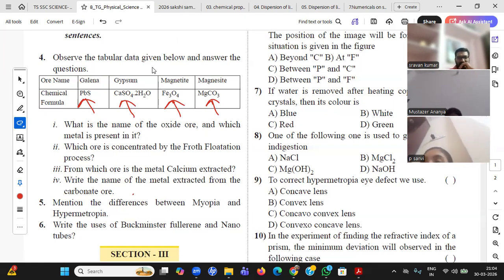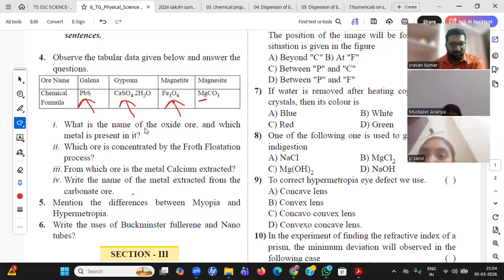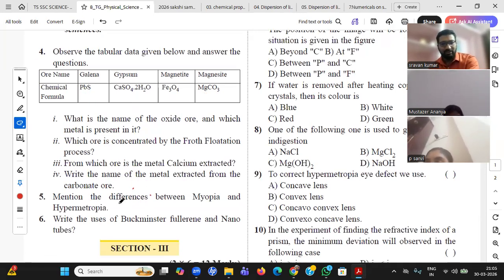Yes, right answer, Ananya. Come on, Sanvi. Which metal are you able to see? If you remove this carbonate, what is the metal left, beta? Okay, so it's nothing but magnesium, beta. Magnesium. Okay, yeah. Okay, magnesium. You need to write magnesium. So when you are writing, you should not write Mg. You should write magnesium. He is asking the name of the metal, not the symbol representation of that metal.